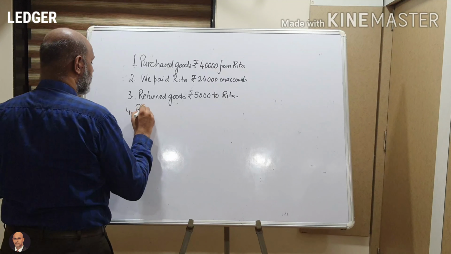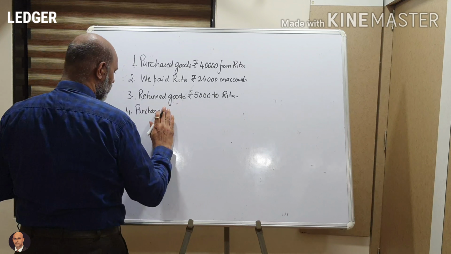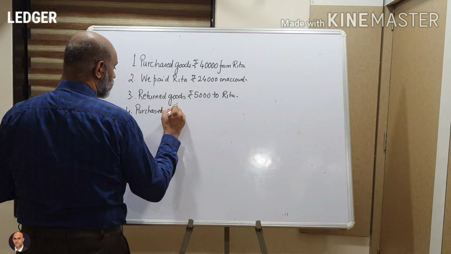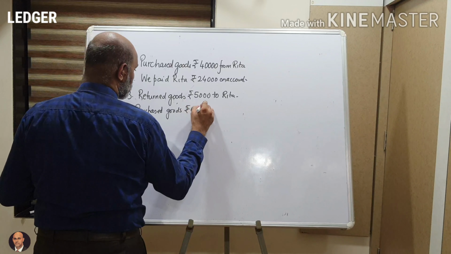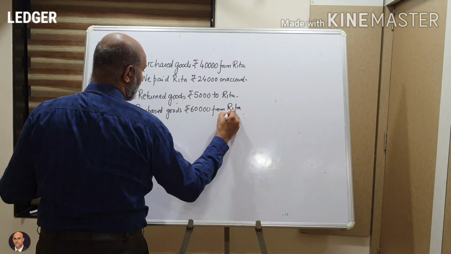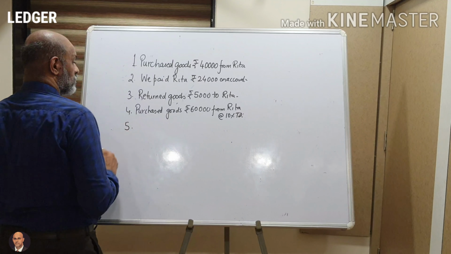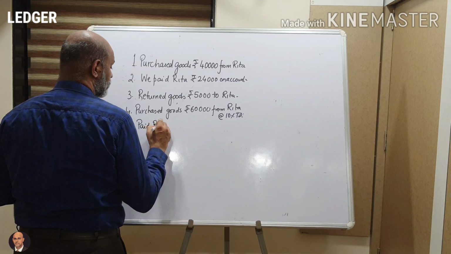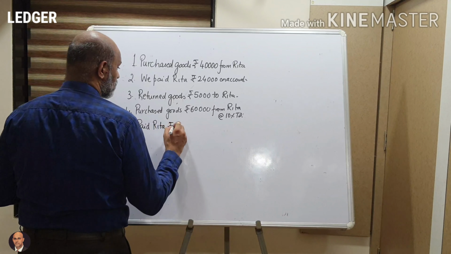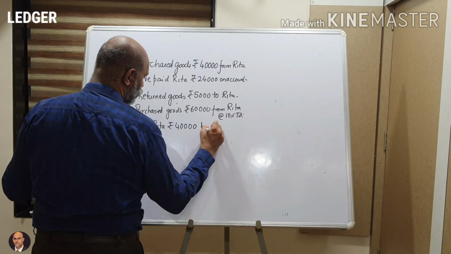Fourth, purchase goods rupees 60,000 from Rita at 10% trade discount. Fifth, paid Rita rupees 40,000 by check.